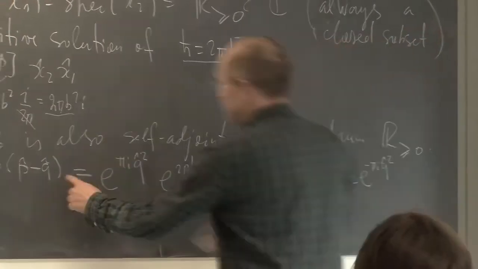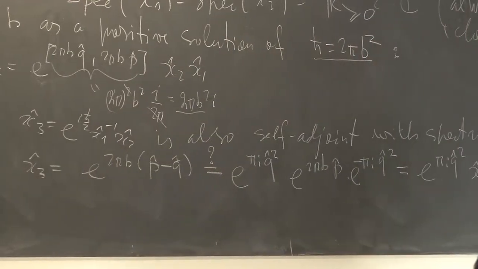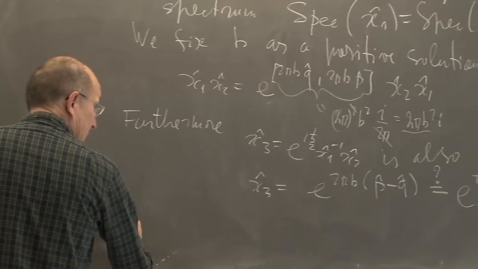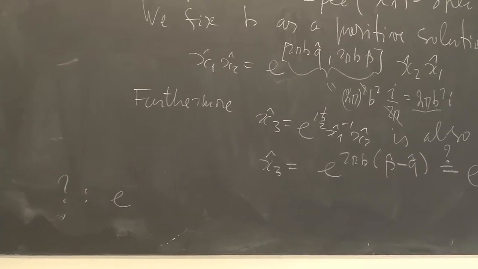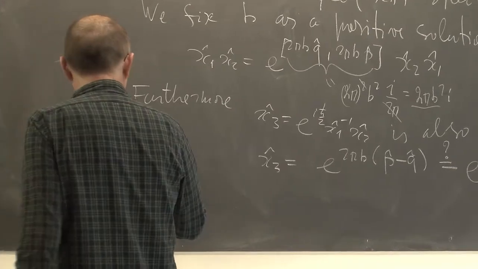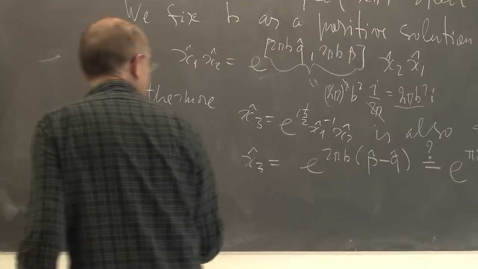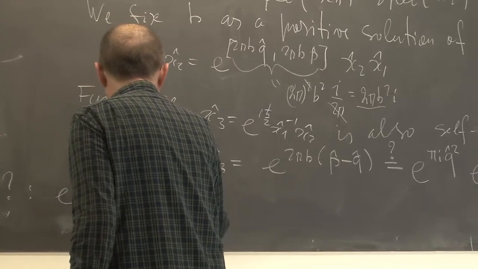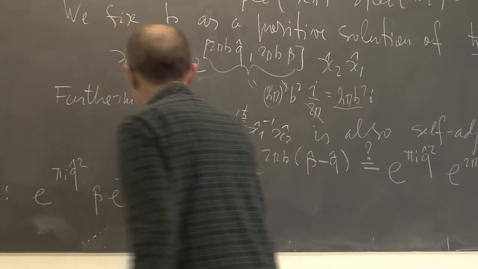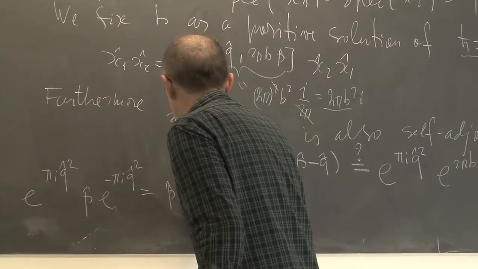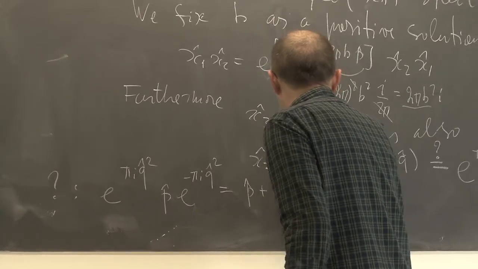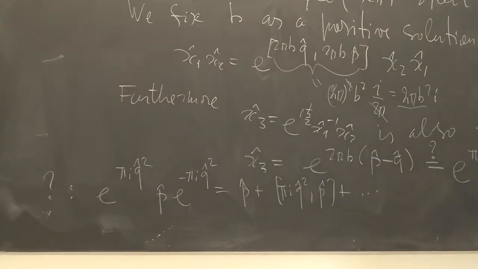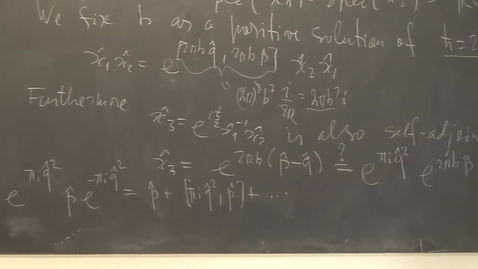And why do we have this? This is just the story of, again, Baker, Campbell, Hausdorff. So that's the answer for the question mark. e to pi I q squared p hat e to minus pi I q squared. What is this? This is p plus the commutator of pi I q squared with p, and so on, an infinite exponential series of commutators.